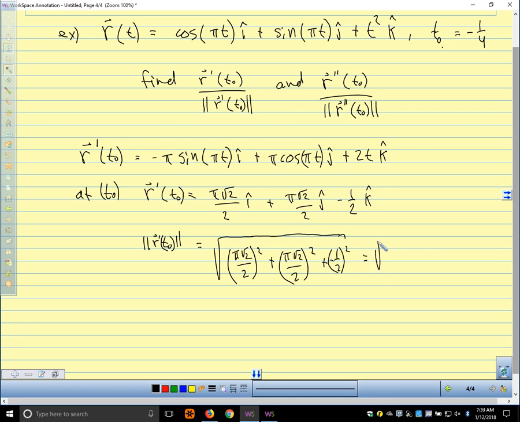And this gives us pi squared over 2 plus pi squared over 2 plus 1/4, which is the square root of pi squared plus 1/4, which is 1/2 the square root of 4 pi squared plus 1.